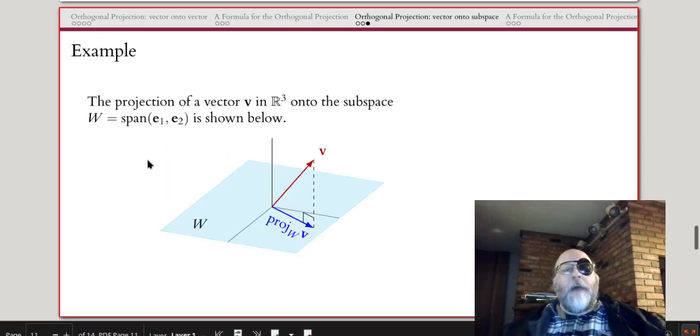In this case, we have the subspace W, which is the span of our basis vectors e1 and e2. e1 is a unit vector in the x direction. e2 is a unit vector in the y direction. Their span is the entire xy plane.